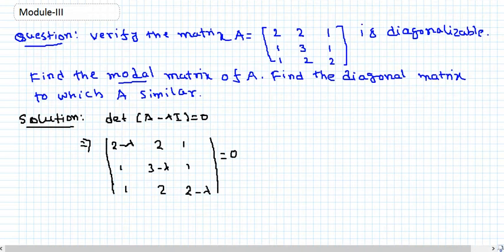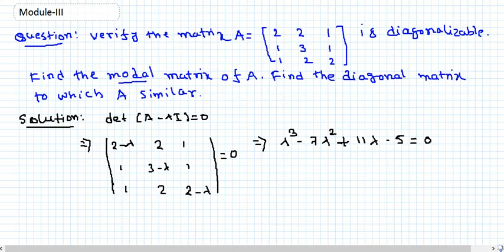I have already done the calculations offline, and we get the polynomial equation lambda cube minus 7 lambda square plus 11 lambda minus 5 equals to 0.